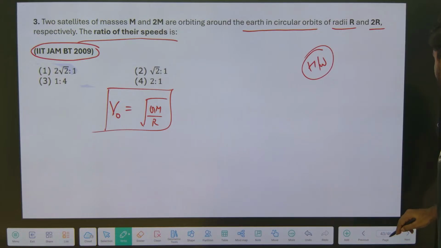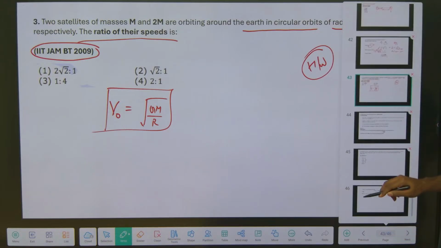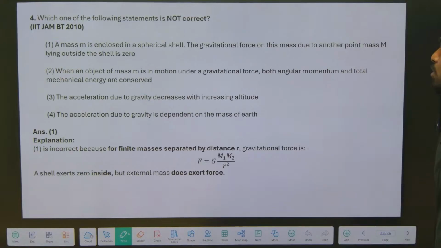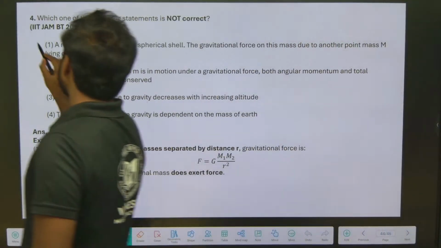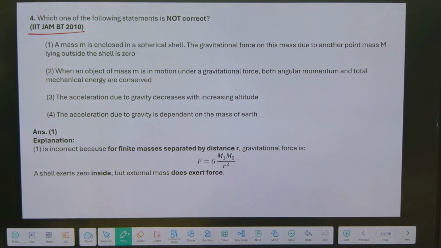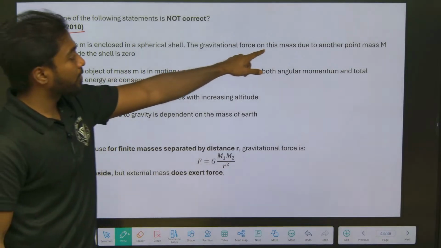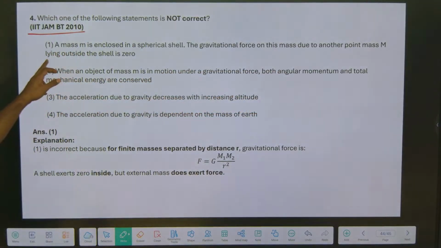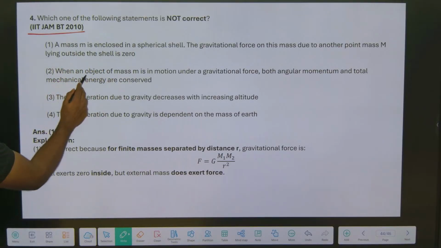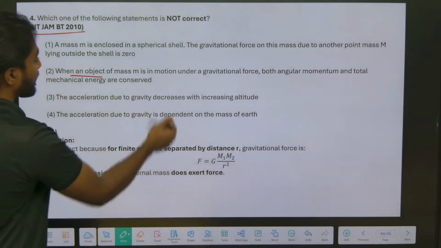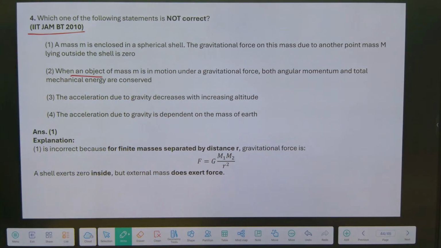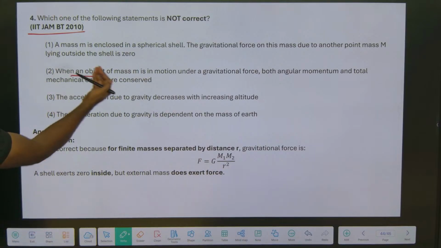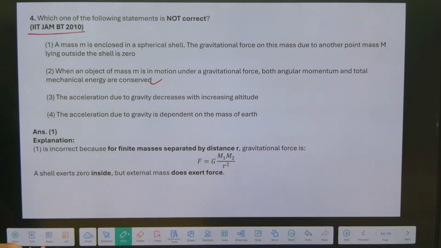Okay, the next question: which one of the following statements is not correct? This question is from IIT JAM BT 2010. A mass m is enclosed in a spherical shell. The gravitational force on this mass due to another point mass m lying outside the shell is 0. That's the first statement. Second statement, when an object of mass m is in motion under a gravitational force, both angular momentum and total mechanical energy are conserved. Yes, it is conserved. The acceleration due to gravity decreases with increasing altitude.